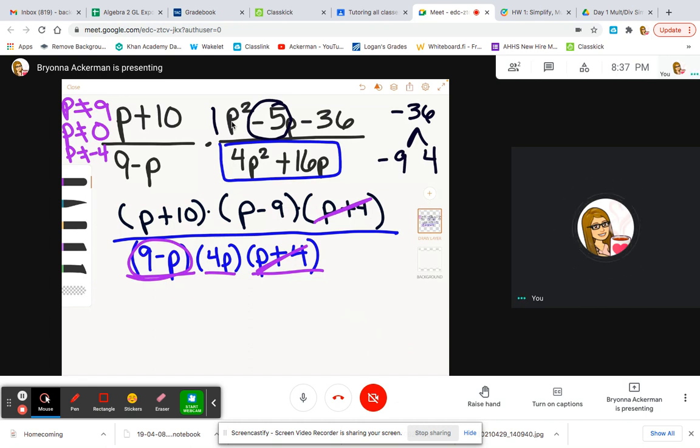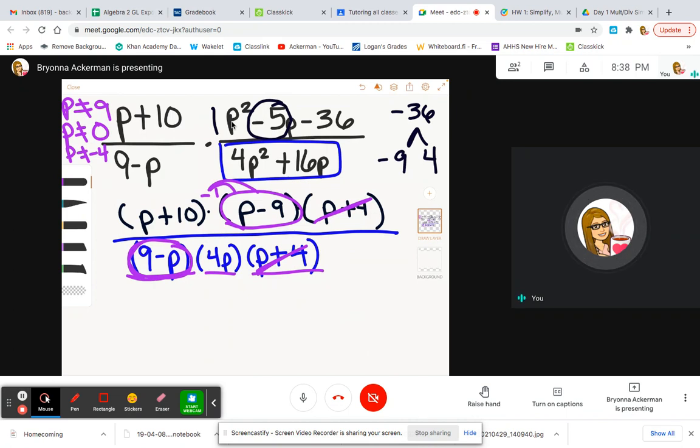Now, this one that's circled and this one almost match, but they're actually complete opposites of each other. So if I were to multiply it by a -1, I would get negative p plus 9 or 9 minus p. And so it would match.